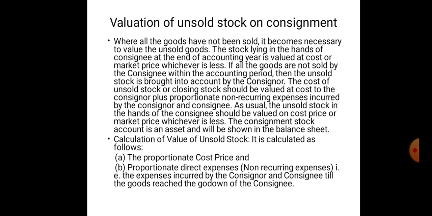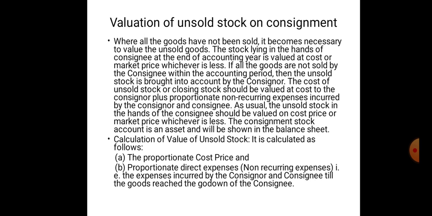If all the goods are not sold by the consignee within the accounting period, then the unsold stock is brought into account by the consignor. The cost of unsold stock or closing stock should be valued at cost to the consignor, plus proportionate non-recurring expenses incurred by the consignor have to be added.